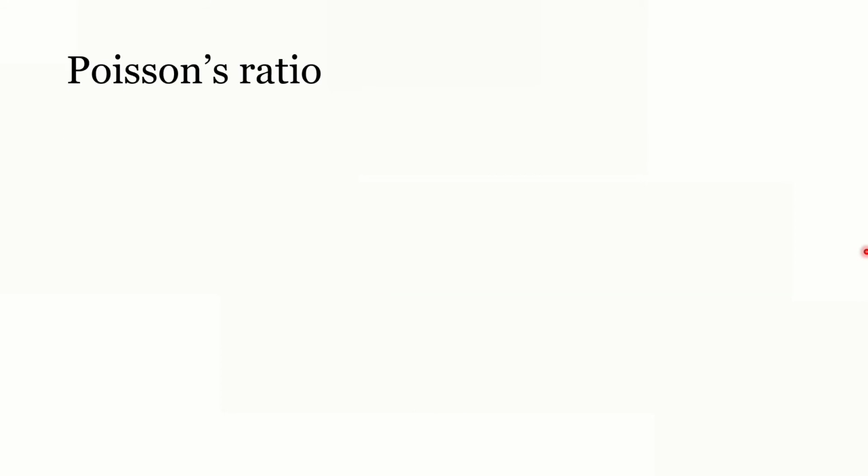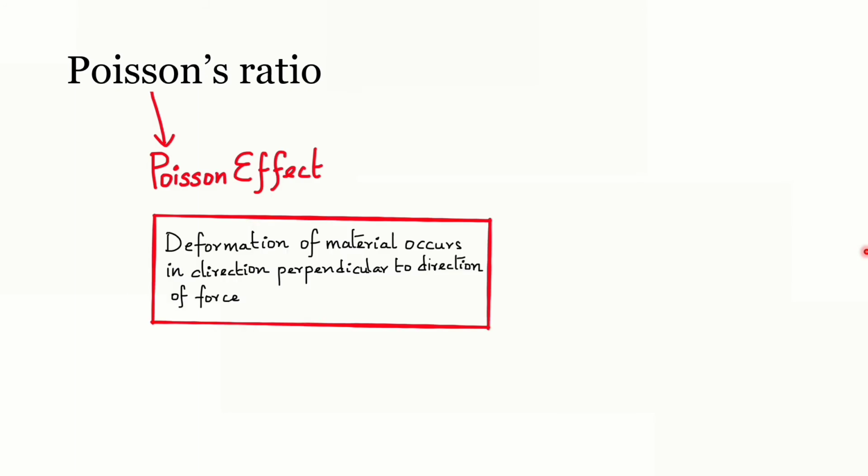Next is Poisson's ratio. This is said to describe the Poisson effect, according to which deformation of the material will occur in the direction perpendicular to the force. When a force is given in one direction, the deformation is going to occur in a direction perpendicular to it.